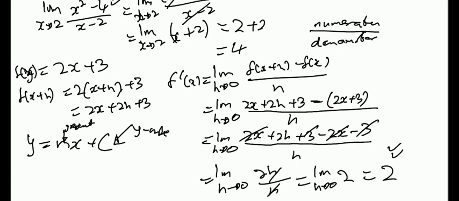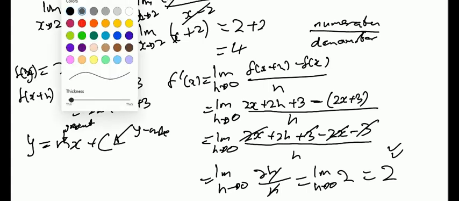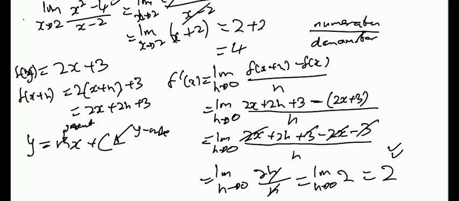So let's go check our equation. Our equation is saying y is equal to 2x plus 3. That means our 2 is our gradient, which is our slope. Our 3 is our y-intercept.